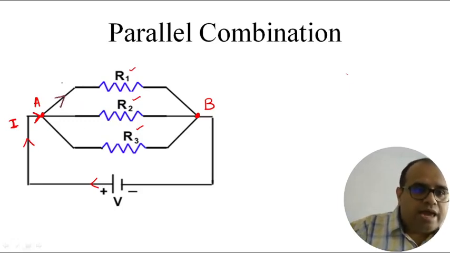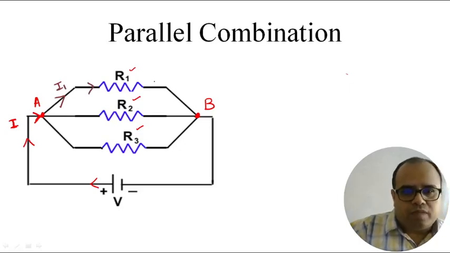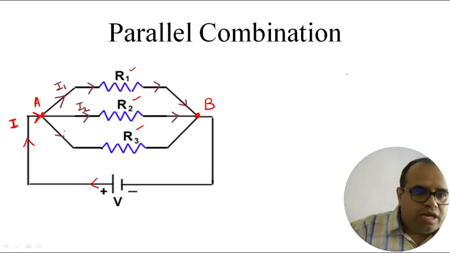Suppose I1 current flows through this, I2 current flows through this, and I3 current flows through this.